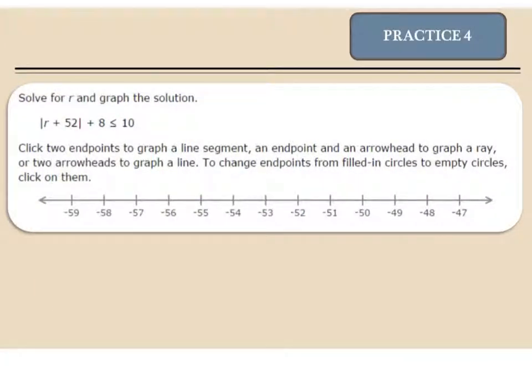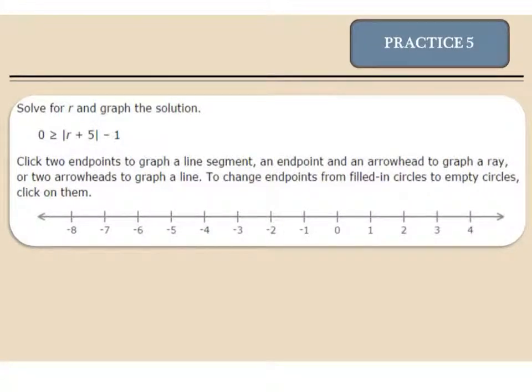Practice 4. The absolute value of r plus 52, plus 8, is less than or equal to 10. Please make sure you get rid of the 8 before you start your problem. Stop the video and solve the problem now. Practice 5. 0 is greater than or equal to the absolute value of r plus 5, minus 1.